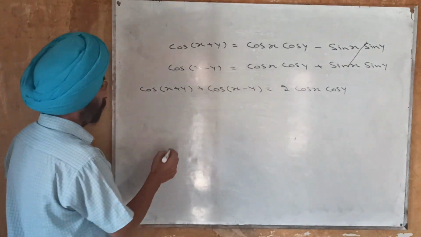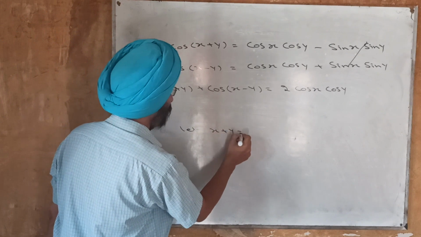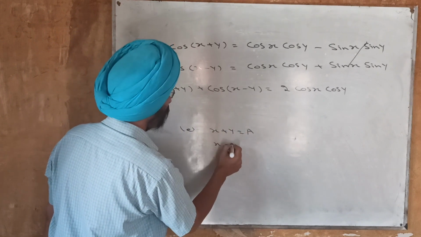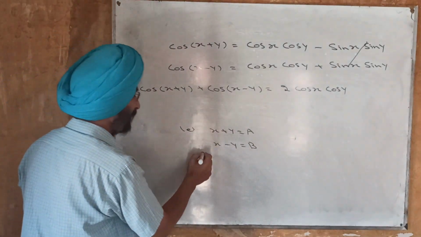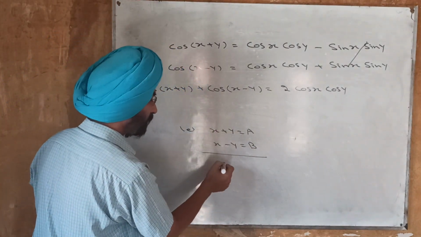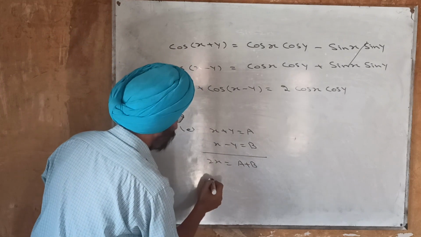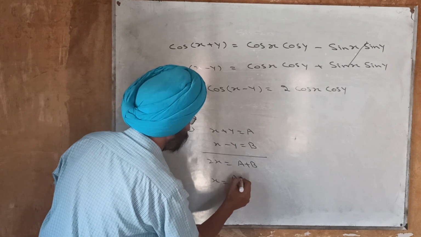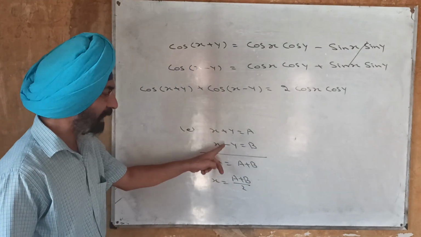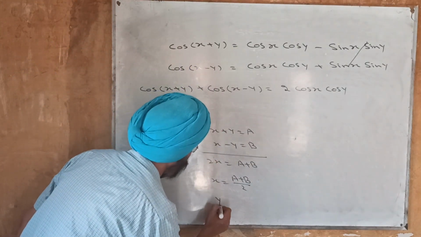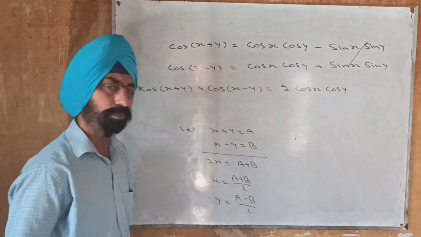Now let x plus y be equal to a and x minus y be equal to b. Adding these two, y will be cancelled, 2x is equal to a plus b, so x is equal to (a plus b) by 2. Similarly, subtracting these, you will get y is equal to (a minus b) by 2.